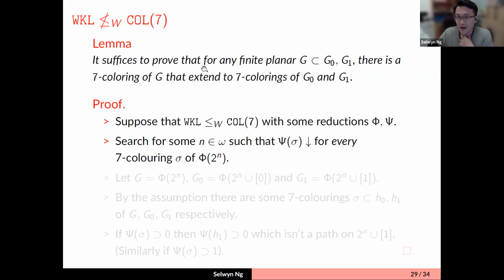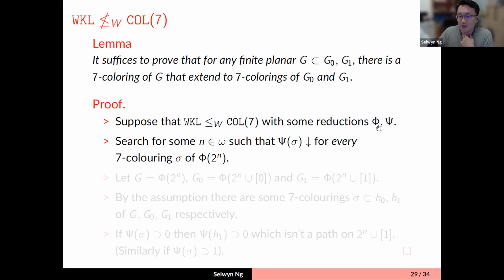Suppose we have this graph theoretic fact, and suppose that WKL does reduce to the 7-color theorem, and let's say that the reductions are phi and psi, phi going one way. So phi converts the tree to a graph, and psi converts a coloring of the graph to a path on the tree.